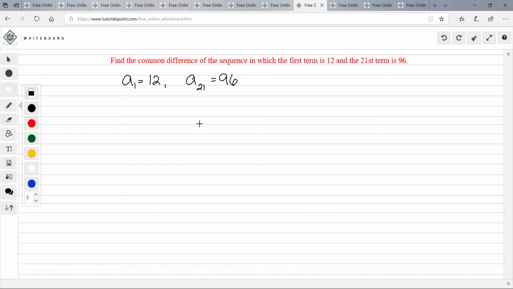I'm going to determine if it's arithmetic and if it has a common difference. So I'm going to use the nth term of an arithmetic sequence. So it's an equals a1 plus d times n minus 1. We know that the first term is 12.